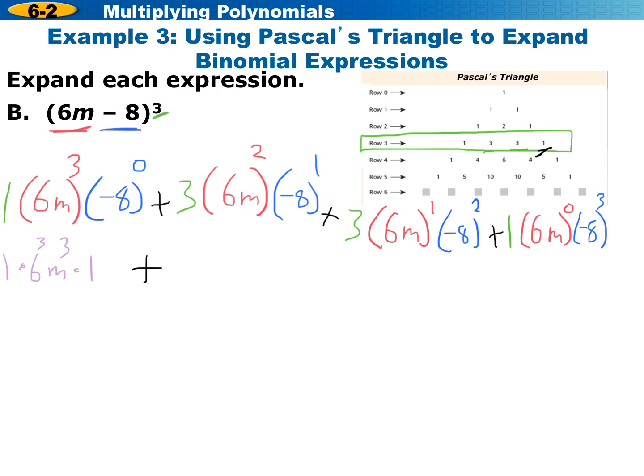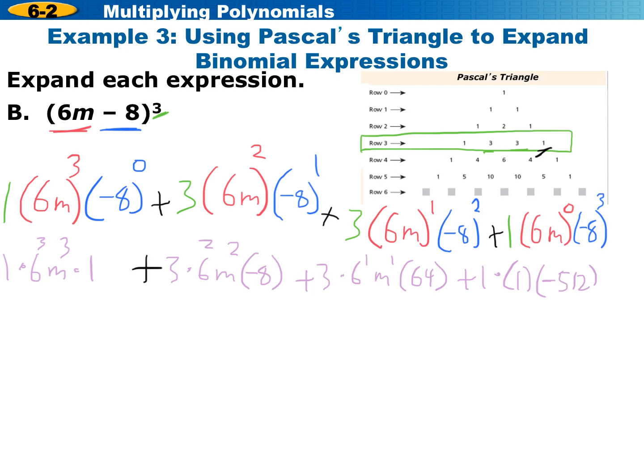Plus 3 times 6 squared m squared times negative 8, plus 3 times 6 to the first m to the first. Negative 8 squared is 64, plus 1 times 6m to the 0 is 1. Negative 8 to the third power is negative 512. And let's multiply it all through.